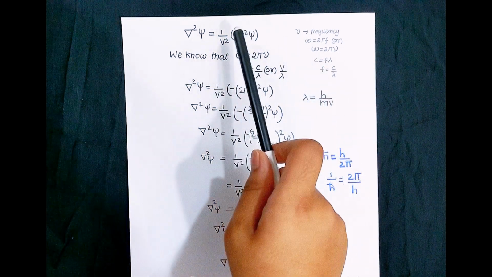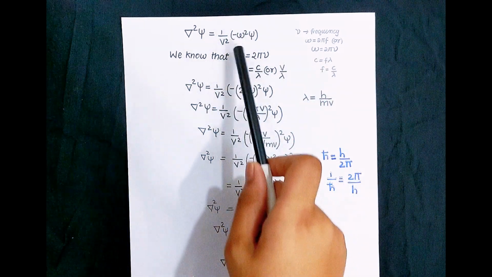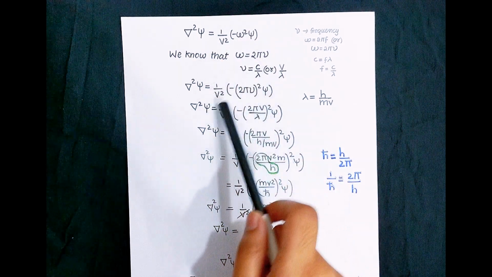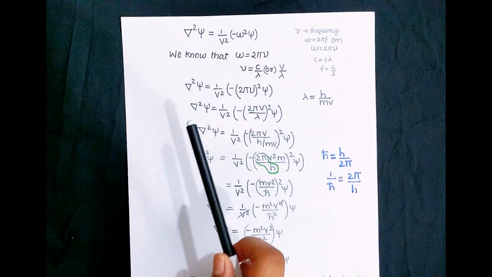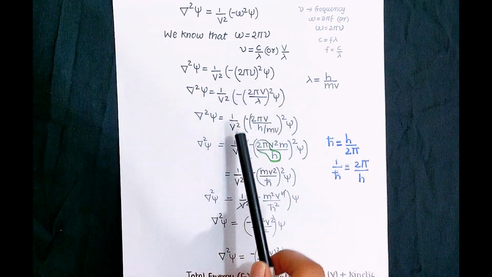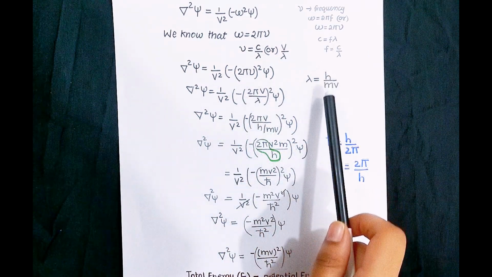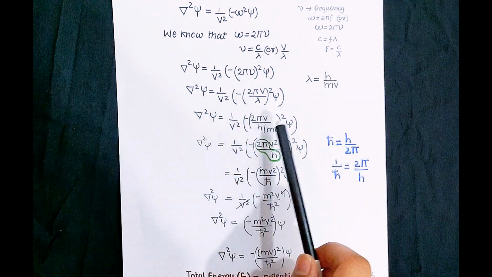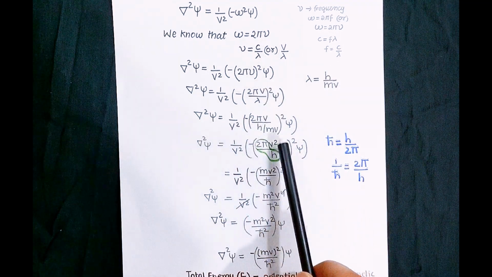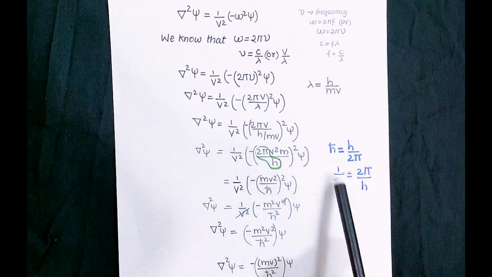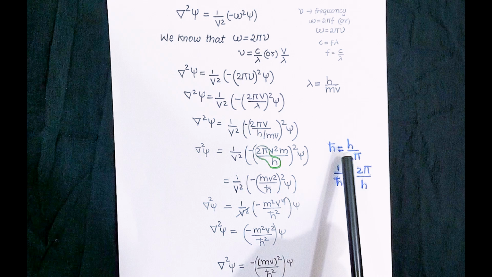That's it. Now we will be writing ω = 2πν. Instead of ω, we are writing 2πν. So it will be substituted here, and ν = v/λ. So we have substituted v/λ here, and λ = h/mv according to de Broglie's principle. So h/mv. Now this mv goes up, we will get mv. 2π/h is nothing but 1/ħ, the reciprocal of ħ.